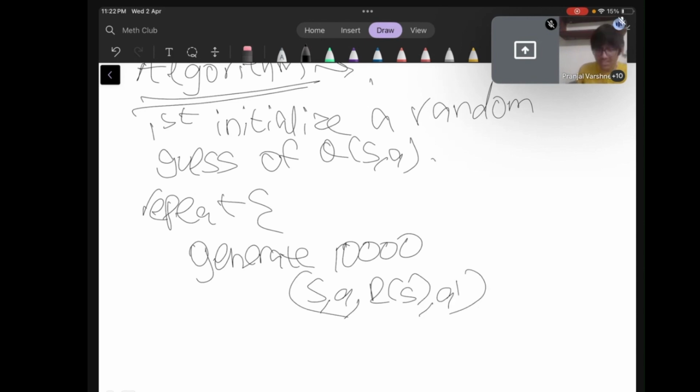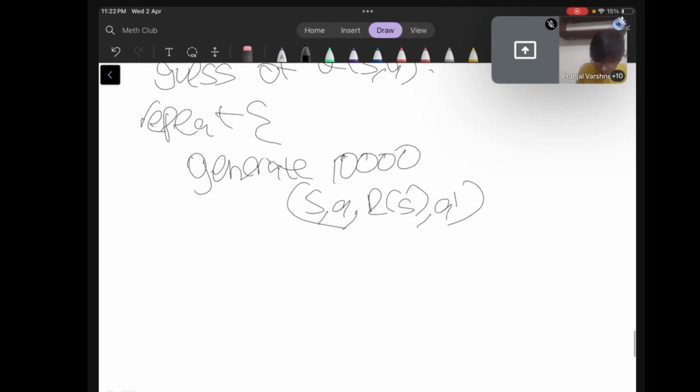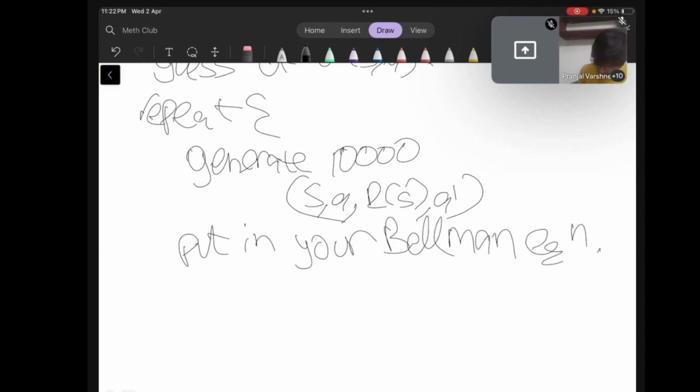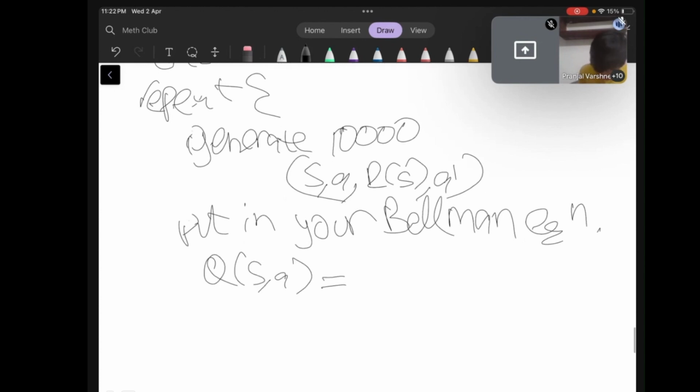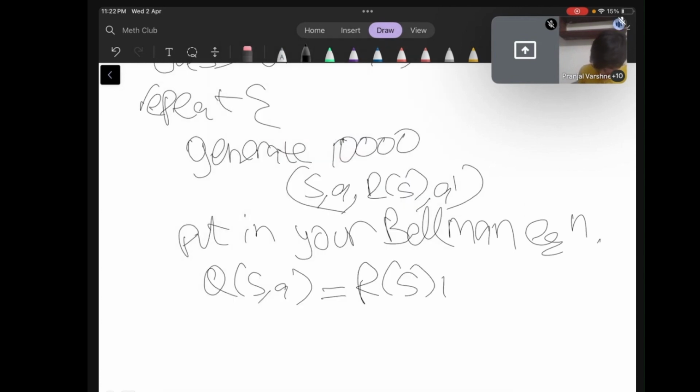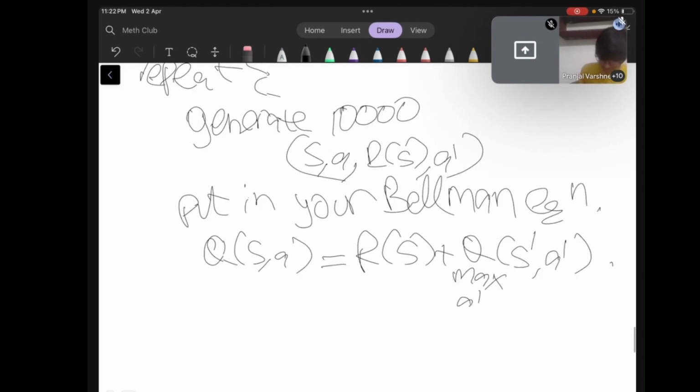You'll generate 10,000 of these, and then you'll put them in your Bellman equation, which is Q(s, a) equals R(s) plus max over a' of Q(s', a'). I have written this some 10 times already.